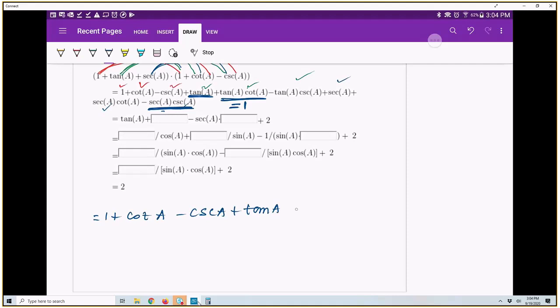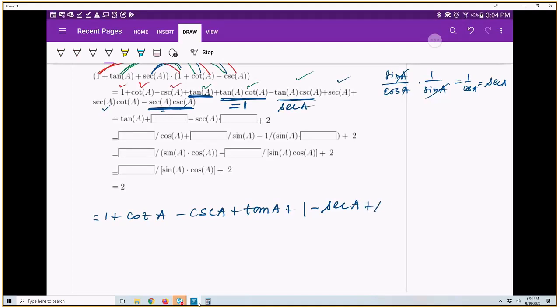I already said tangent A times cotangent A is 1. If you do tangent A and cosecant A, tangent A is sine A over cosine A, and cosecant A is 1 over sine A. So they cancel, you get 1 over cosine A, which is secant A. So instead, I can write this as minus secant A. That's easier, I think.